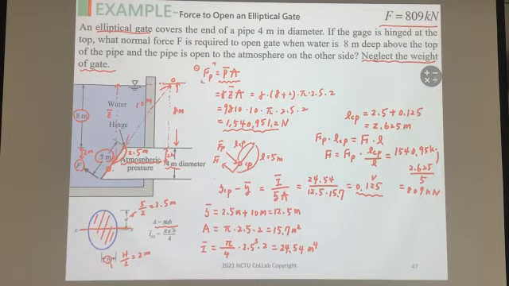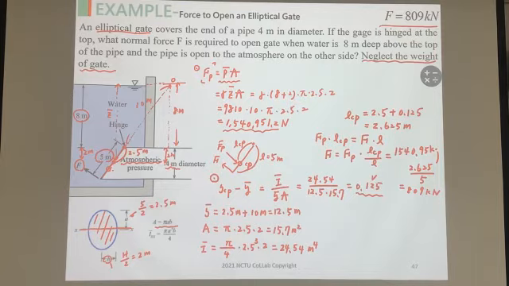and second we want to know where the location of YCP is. This is a very standard problem for engineering, because usually we put a gateway, like a spillway, to let the water flow out.